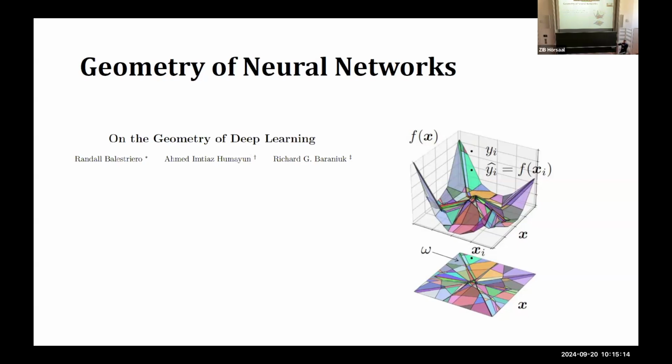In each polyhedral area, you have one activation pattern. And then the output of your neural network is just affine linear on each of these parts, right? So then it looks something like this.